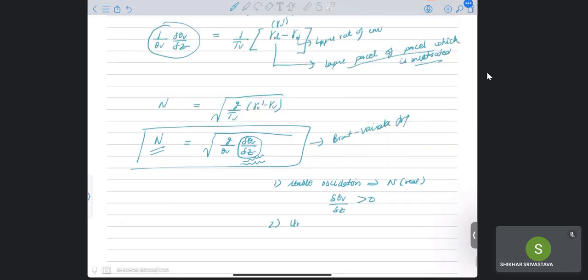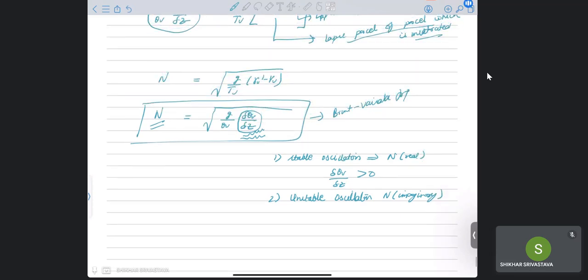For unstable, your N can be imaginary, because there will be no oscillation. So we can just say that it is imaginary, and in that case your del theta V upon del Z will be less than 0.